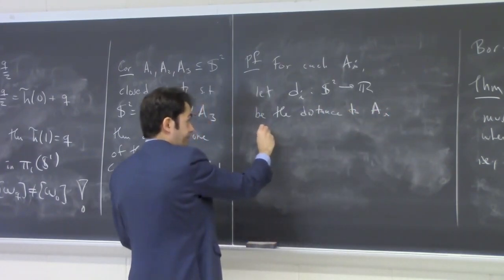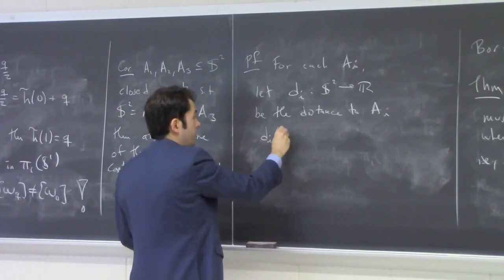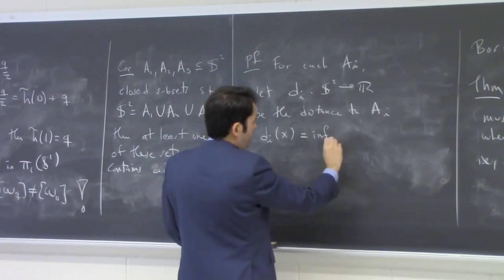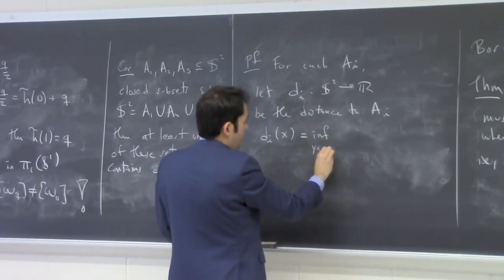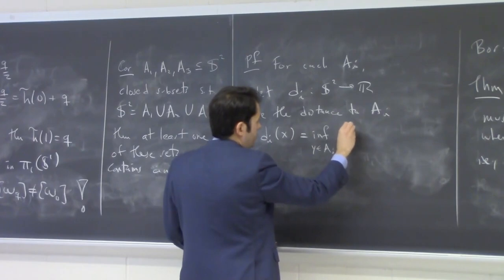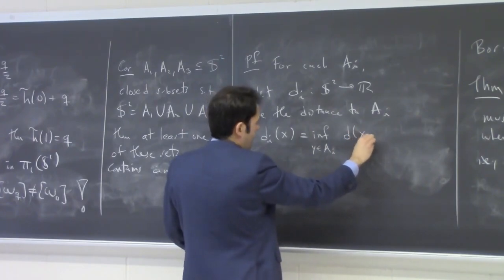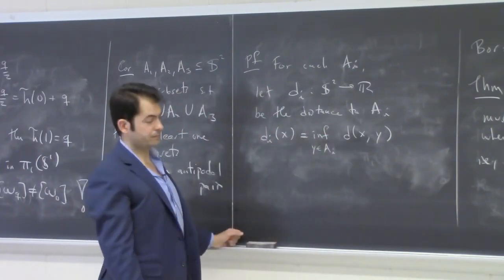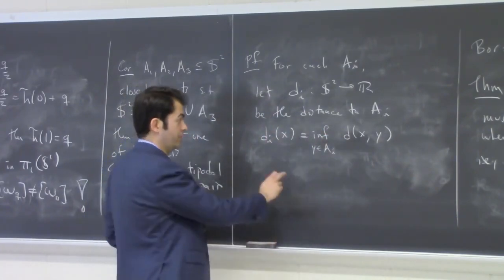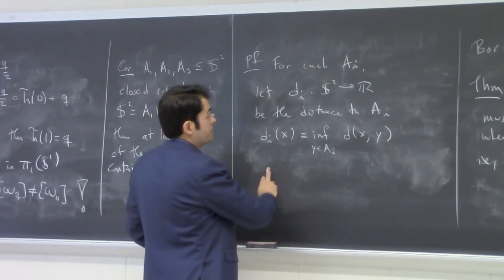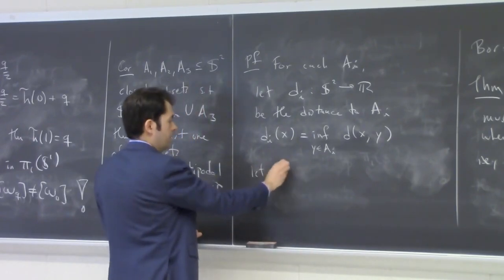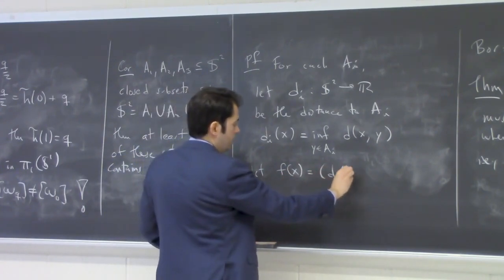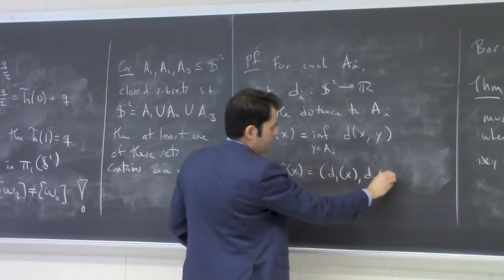So di of x is the infimum, or the minimum, among all of the y's in Ai of the distance between x and y, where we're using the Euclidean distance by putting S2 into R3. And then let f of x be d1 comma d2.